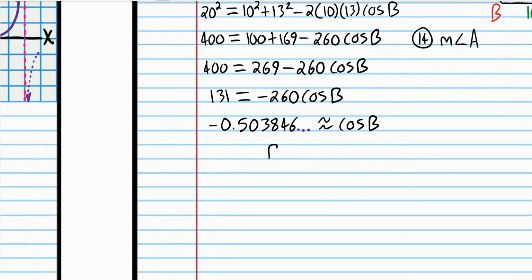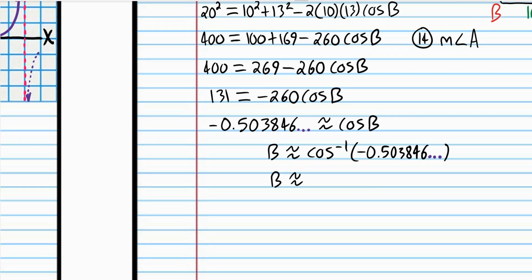And now we're looking for the measure of the angle, so we use cosine inverse notation. Again, we want to write 3 dots, meaning keep that number in your calculator so we don't have round off error. With the iPhone, you can just press the cosine inverse button and it'll give you the answer immediately.